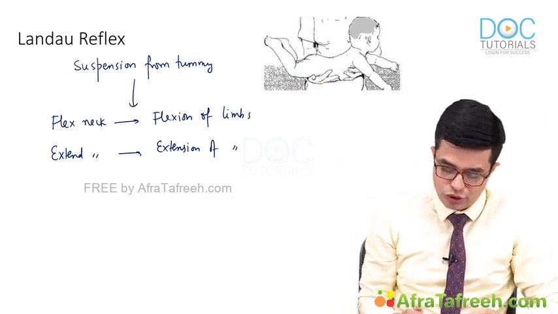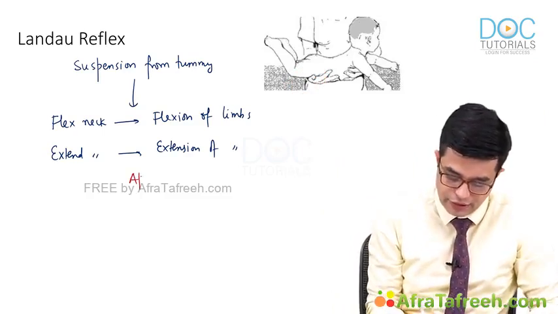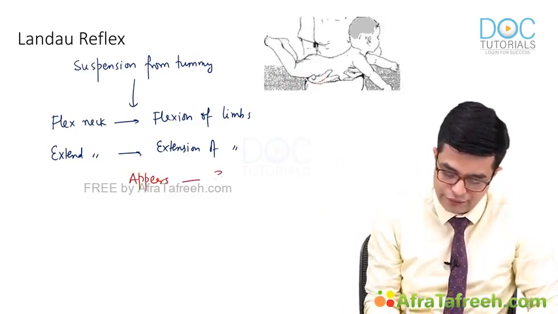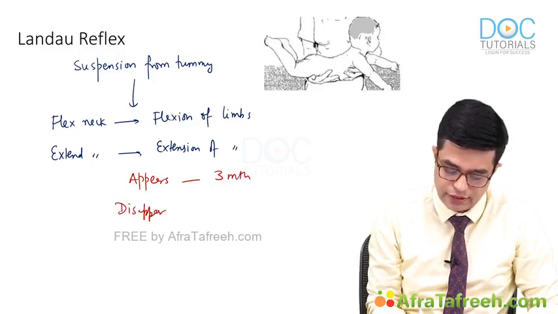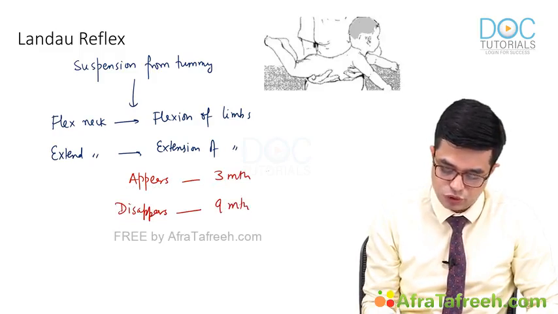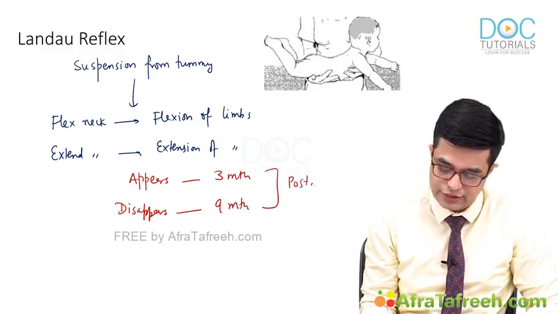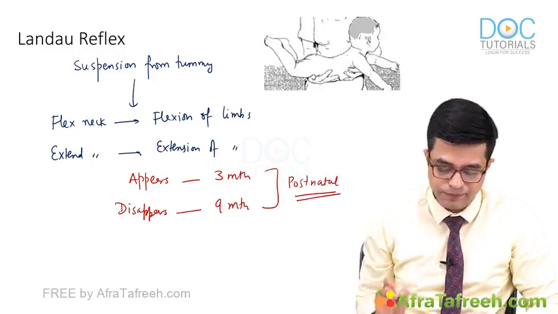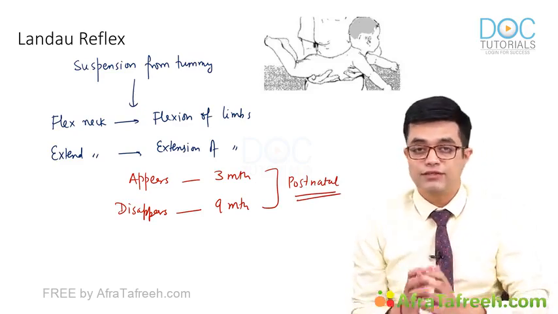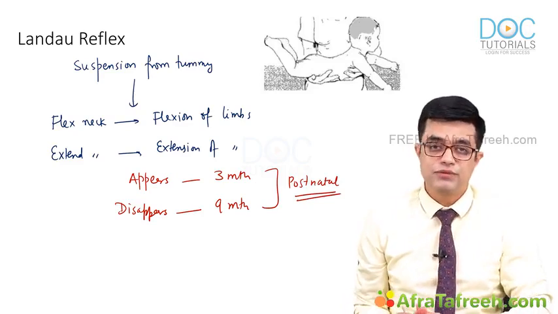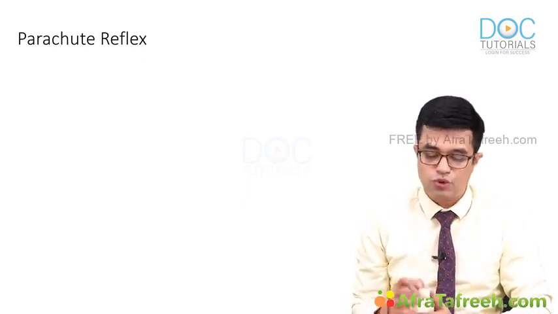Landau reflex usually appears around 3 months of age and it disappears around 9 months of age. Both of them are postnatal ages, that is post-birth. Only when Landau reflex goes away, then the final reflex which we will be discussing comes into play, that is parachute reflex.